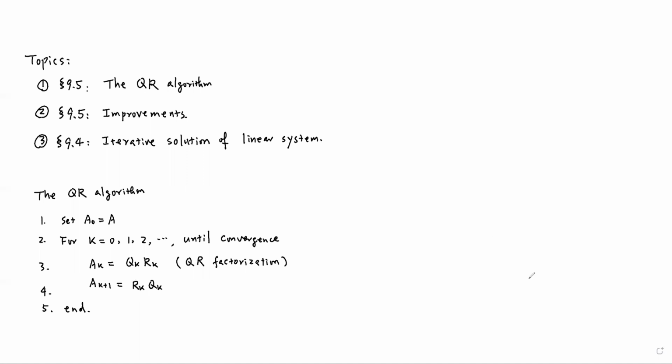It can be proved, under some conditions, that the iterate A_k, as k is increasing, will approach some upper triangular matrix.